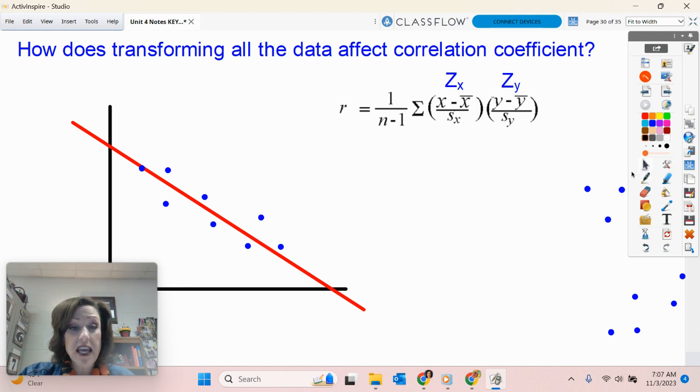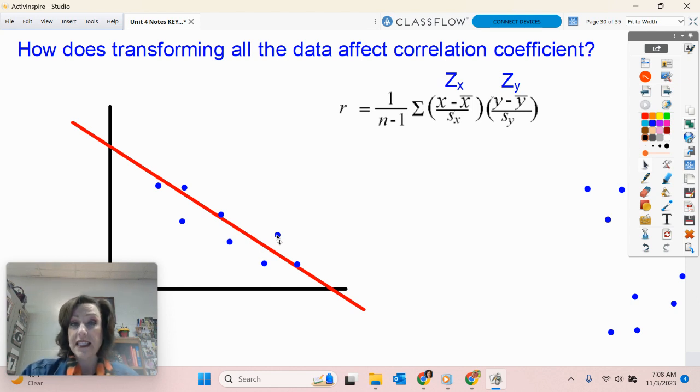That shifts the data in the x direction. But look at the proportional relationship and those distances from the line. They stay the same. Therefore, adding or subtracting in the x direction does not affect the correlation R.